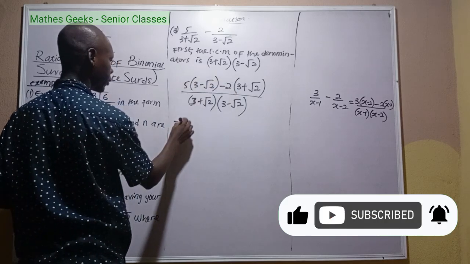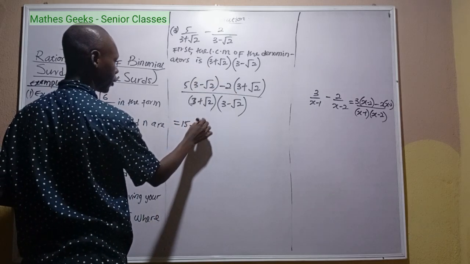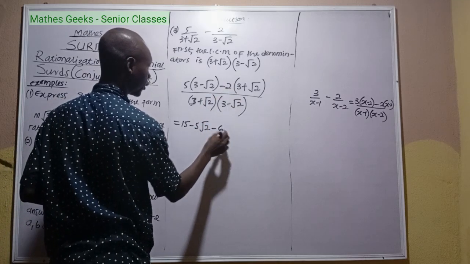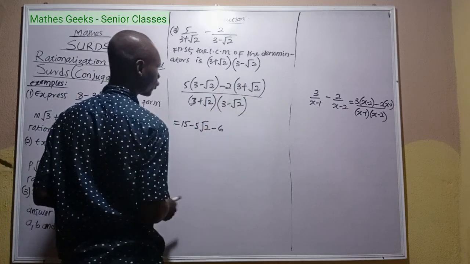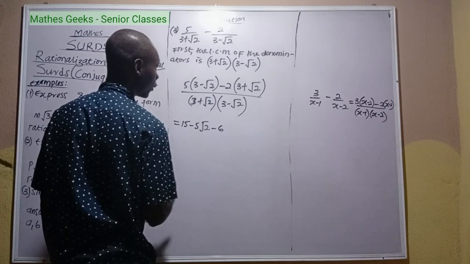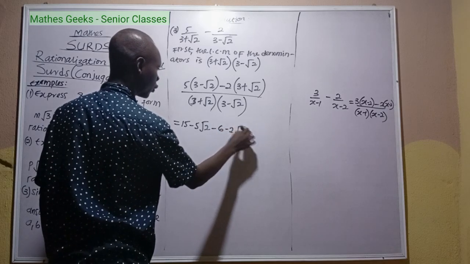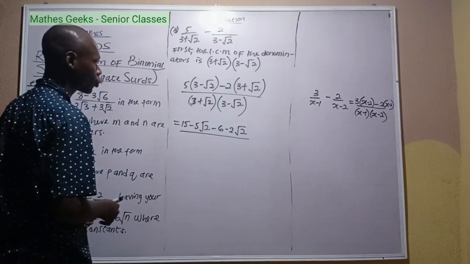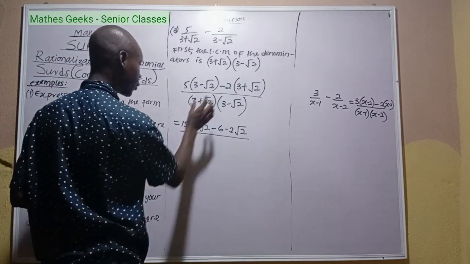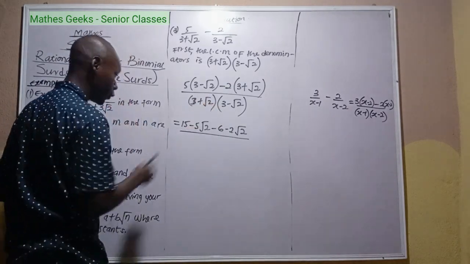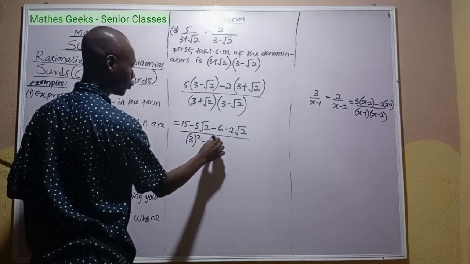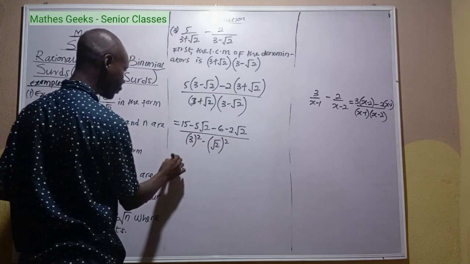And now this is a difference of two squares, so let's put this bracket. 5 times 3 is 15, minus 5 root 2. Minus 2 times 3 will give us minus 6. Minus 2 plus root 2 will give us minus 2 root 2. Oh, sorry, the denominator is a difference of two squares, so this will give us 3 squared minus root 2 squared.